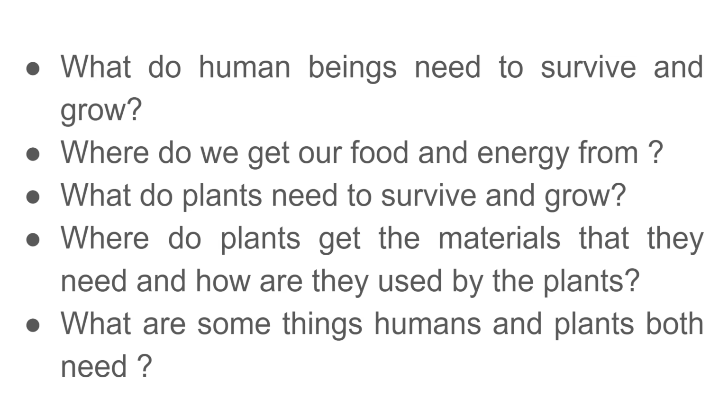So what do plants need to survive and grow? And where do plants get the materials that they need and how are they used by the plants? Plants need minerals, water, carbon dioxide and oxygen to survive and grow. That you very well know, as we have understood about photosynthesis also. From the soil, plants get minerals, which are necessary for staying healthy. Then water, which helps to transport nutrients and make food. From the air, plants get carbon dioxide, which is necessary for producing food in photosynthesis.